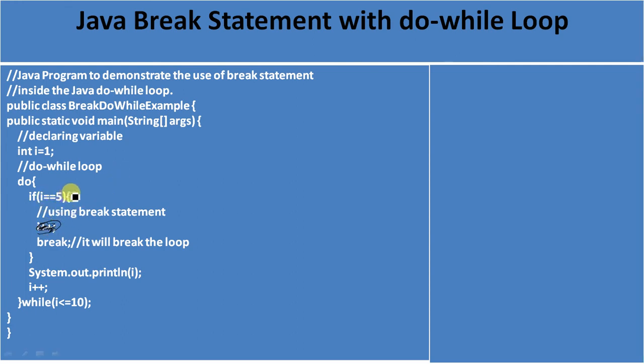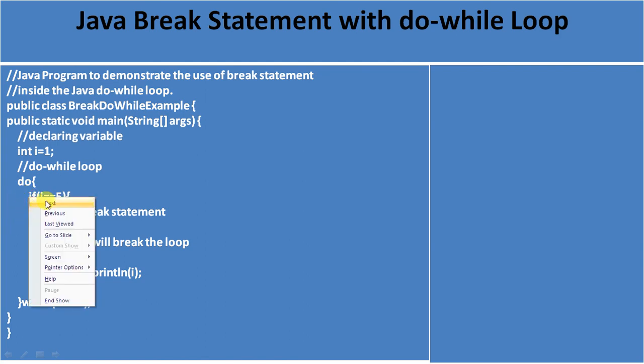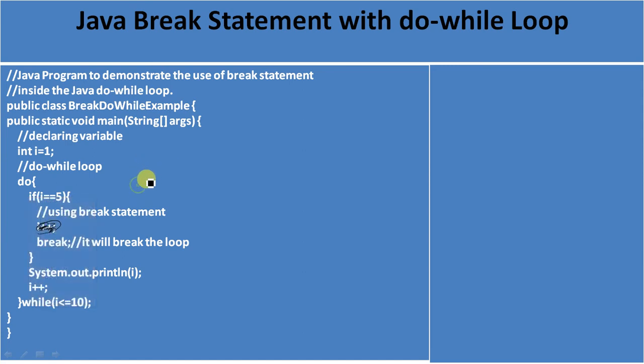What are we doing? We are printing the number from 1 to 10. Just for a while, forget this if block from here to here. So you have to print a number from 1 to 10. So what will you do?